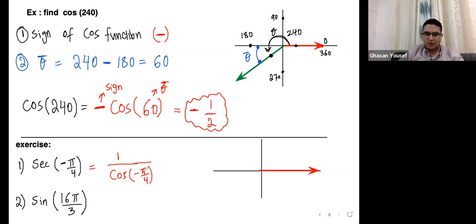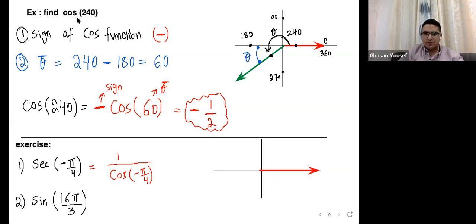We have to move clockwise pi over 4. Pi over 4 is smaller than pi over 2. Pi over 2 is 90 degrees. So it should be less than this.